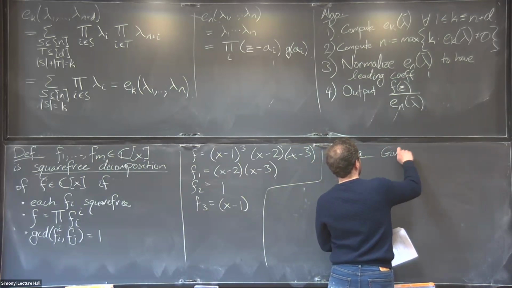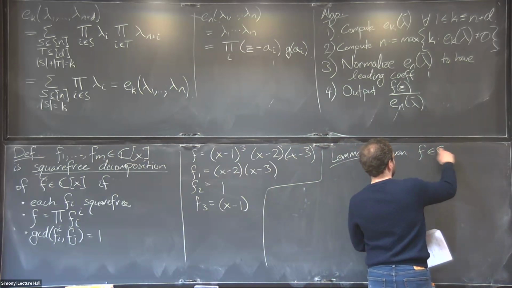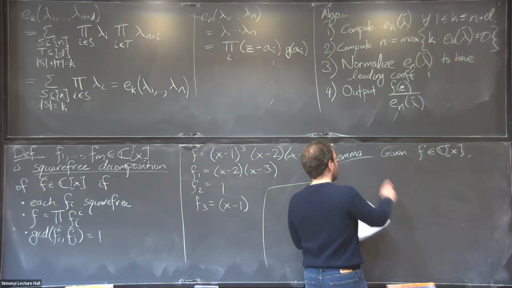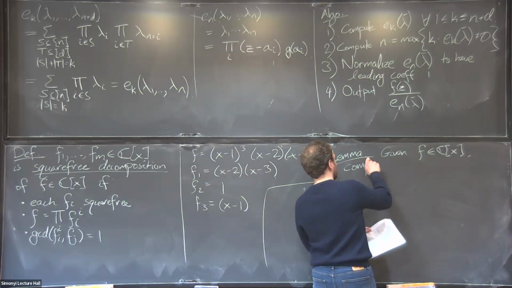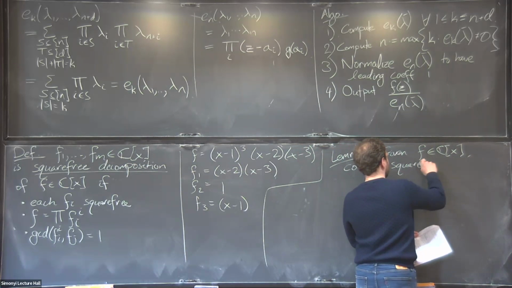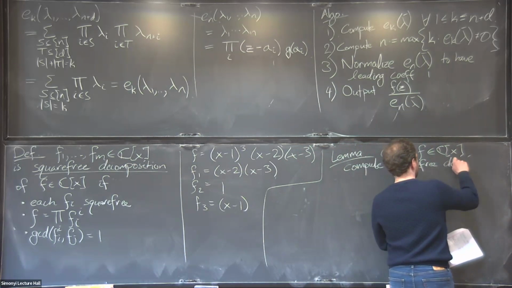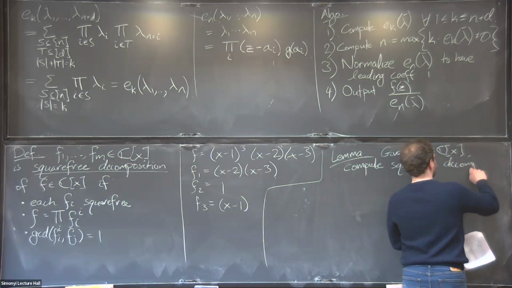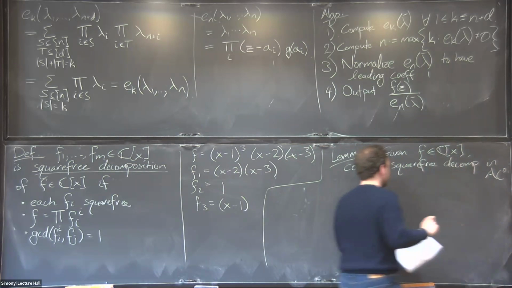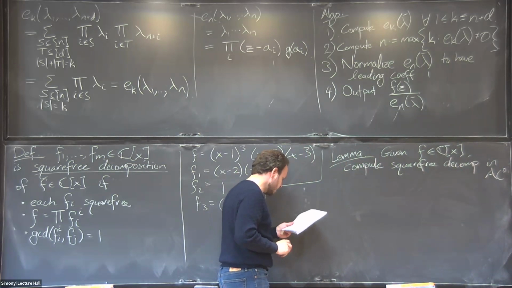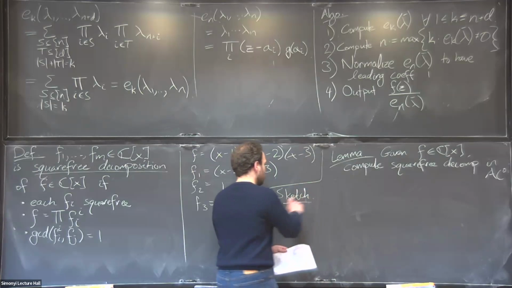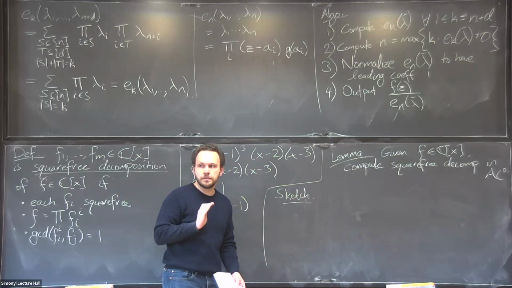Given a polynomial f, we can compute the square-free decomposition in AC0. And what does this look like? Well, I won't tell you the whole algorithm, but let me sketch why this should be true.